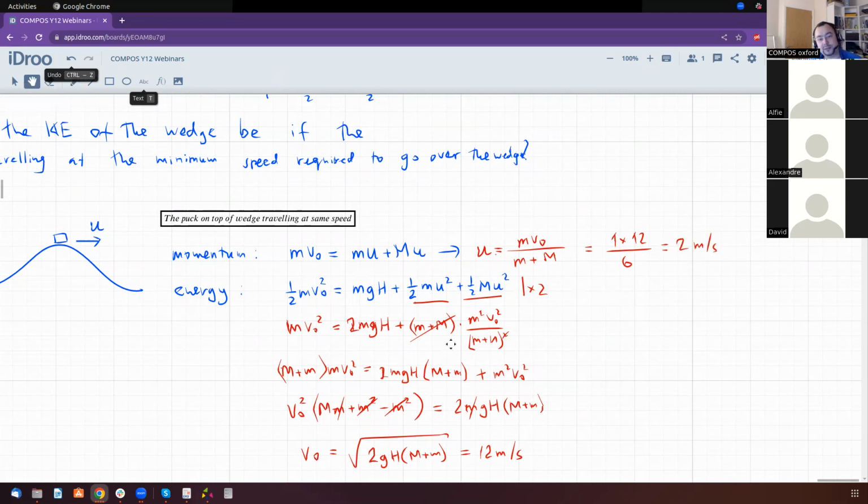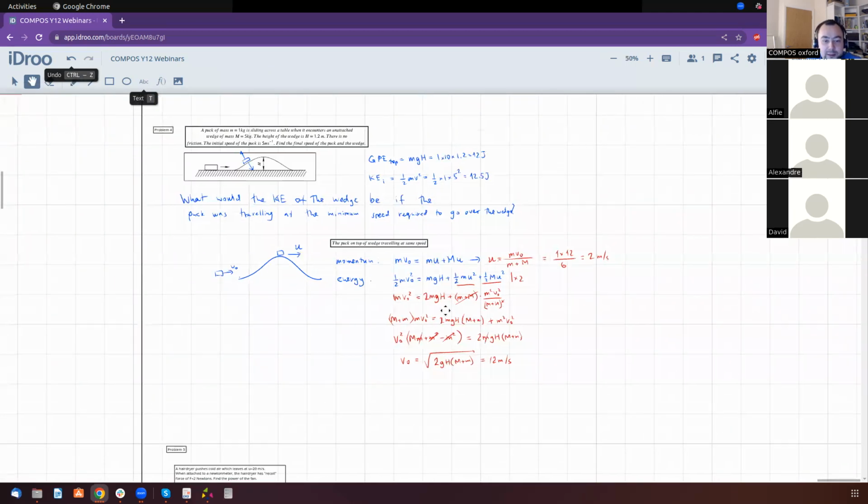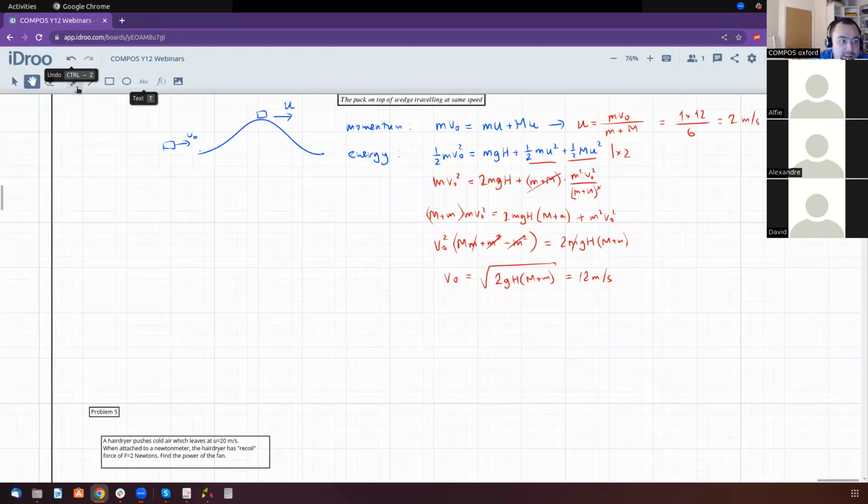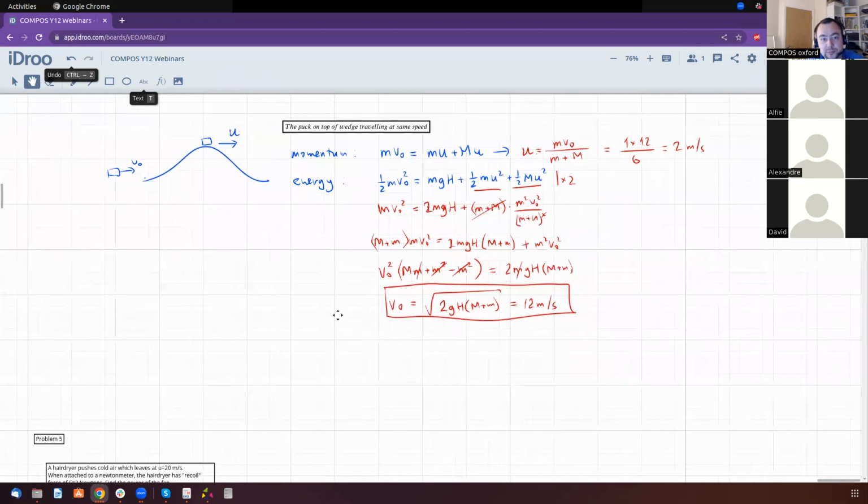So if this is the minimum speed required to move the wedge, so just a second. If the wedge is moving at 2 meters per second, 0.5 times 5 times 4, 10 joules. Yes, the kinetic energy of the wedge would be 10 joules.